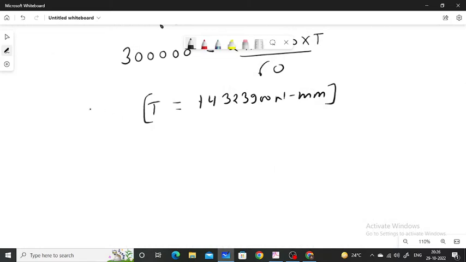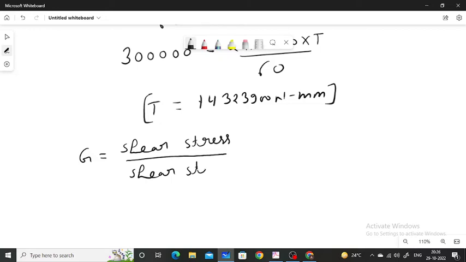We know that modulus of rigidity will be equal to shear stress upon shear strain. Here modulus of rigidity is 0.8 into 10 to the power 5.